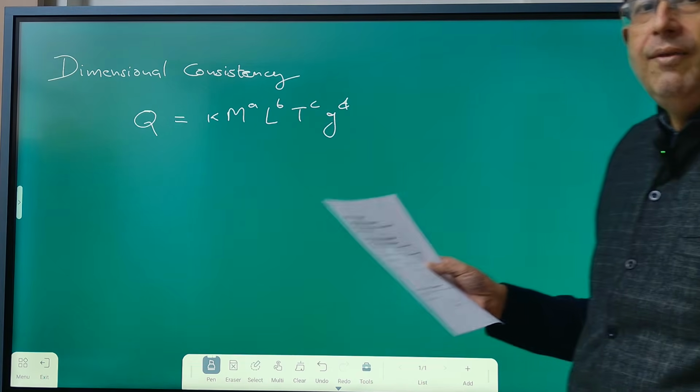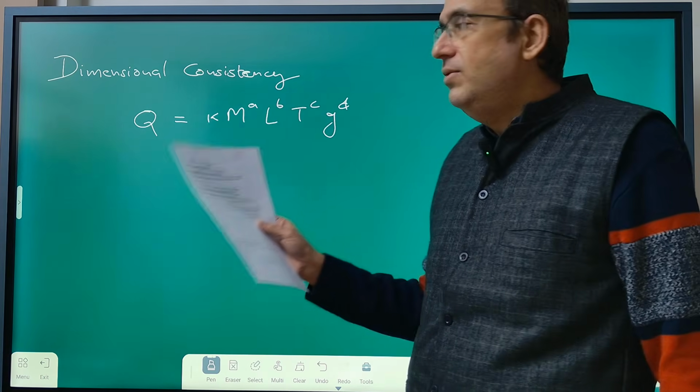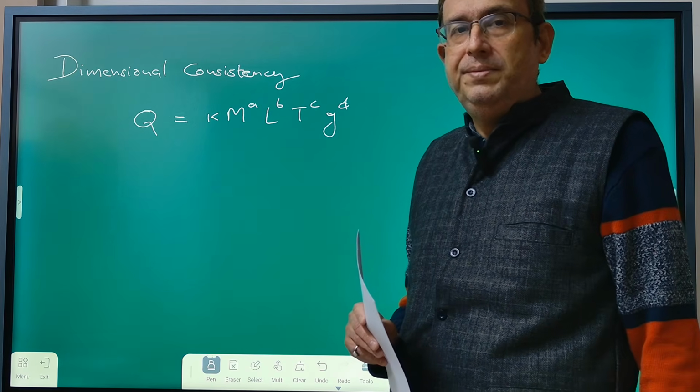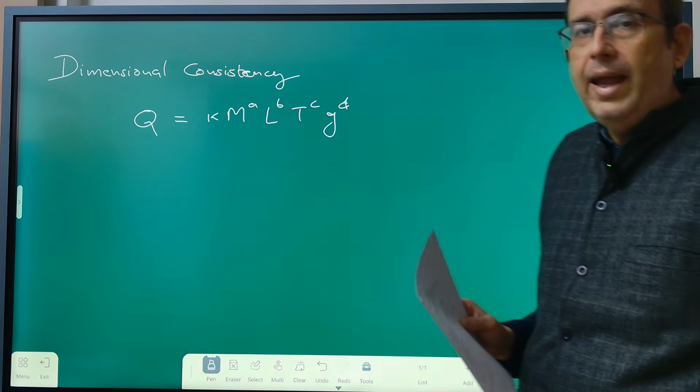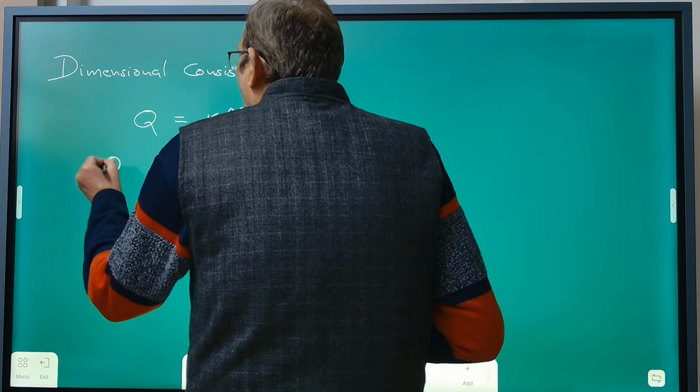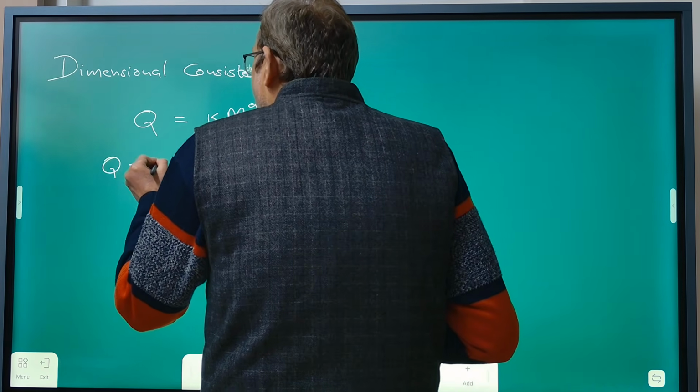You have a quantity related to all the dimensions in this particular fashion, and it is given that Q has a dimension of pressure.